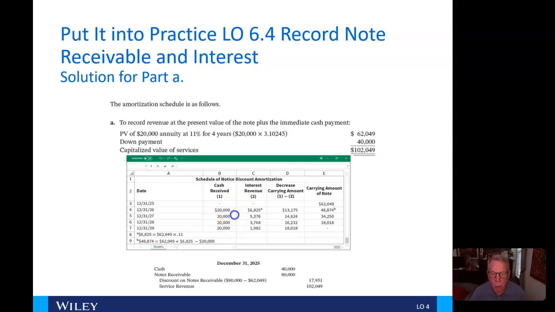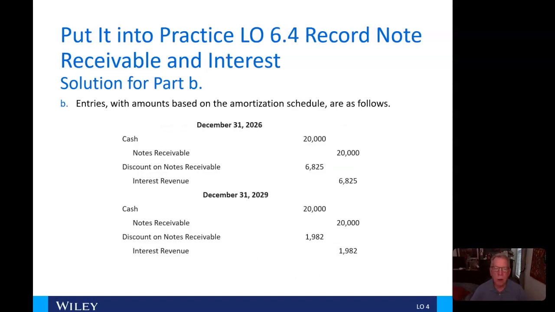And we'll receive our 20,000 in cash, the interest, and that will decrease the carrying value by these amounts every year until we finally amortized away all that 62,049. Okay, so our entries here, based on the amortization schedule, we're going to receive our cash.